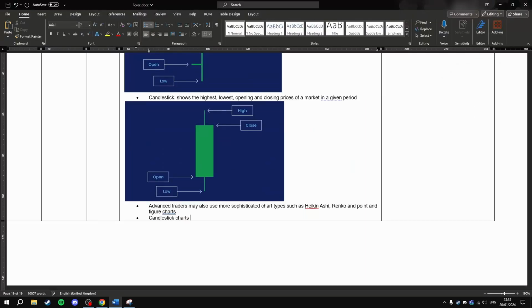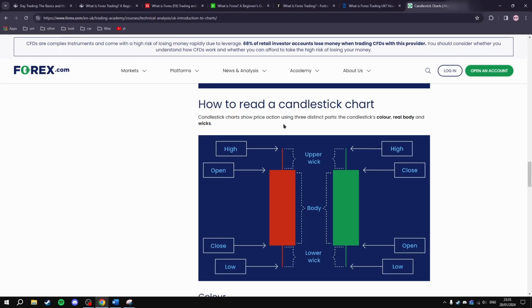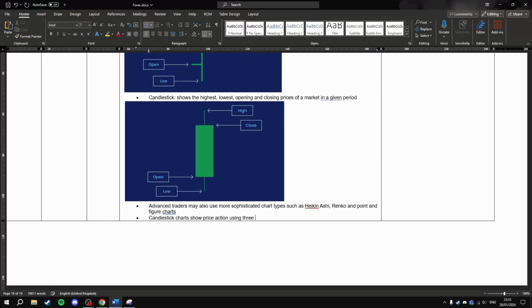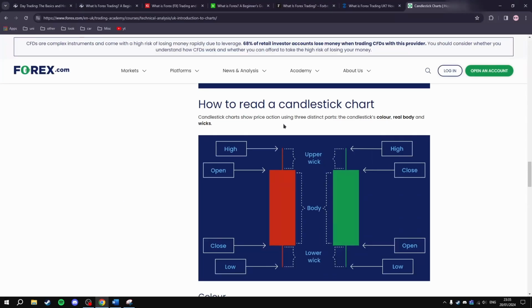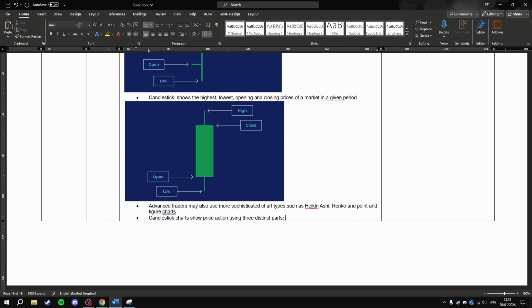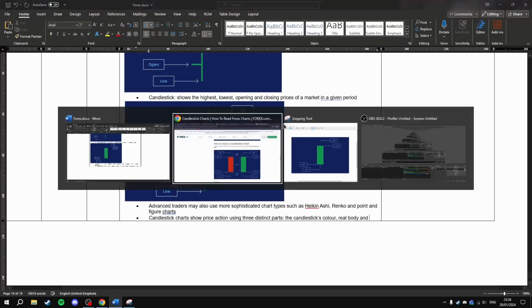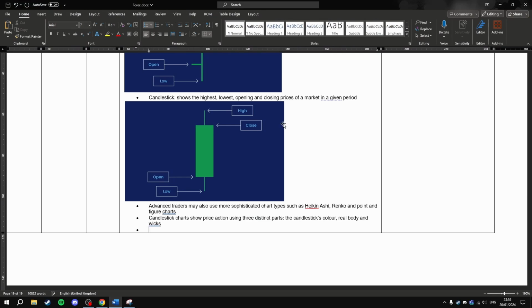Candlestick charts show price action using three distinct parts: the candlestick's color, real body, and wicks.